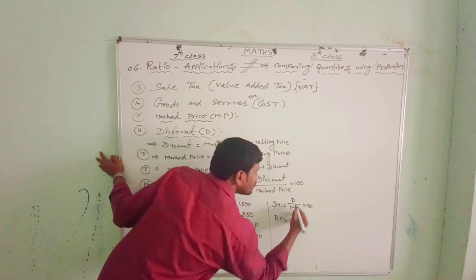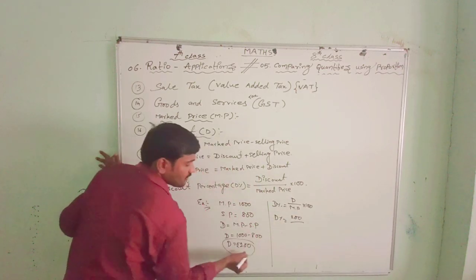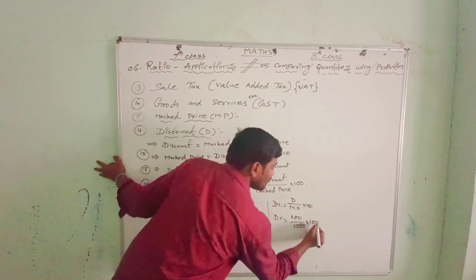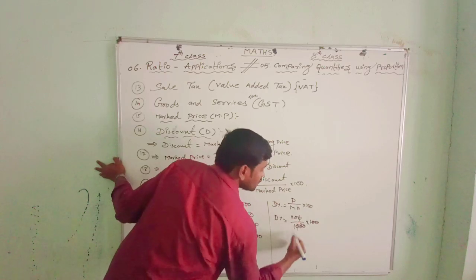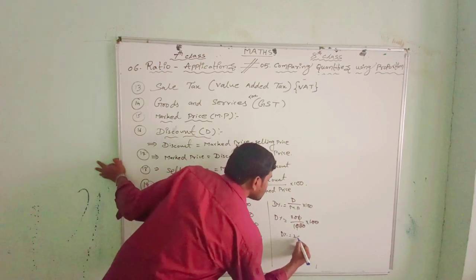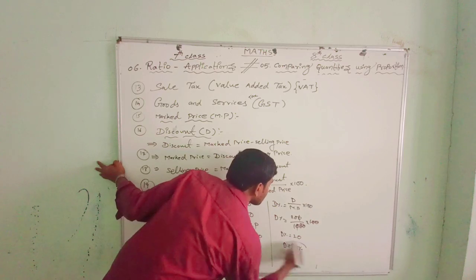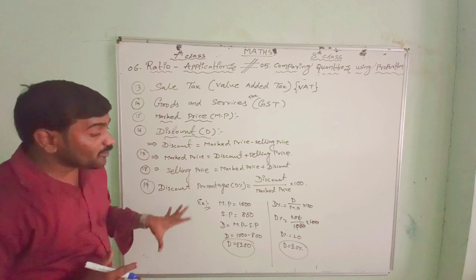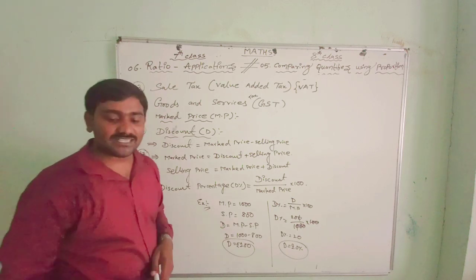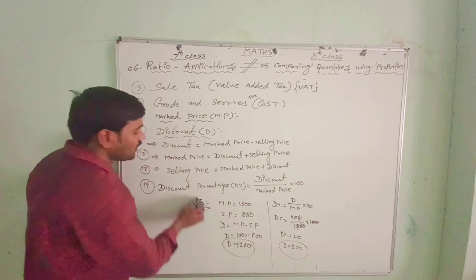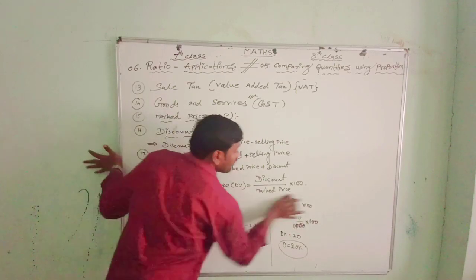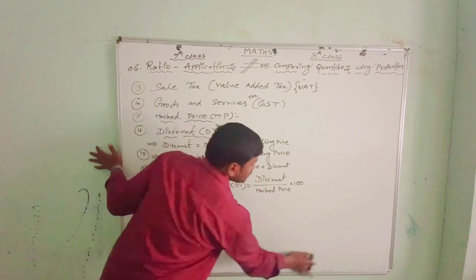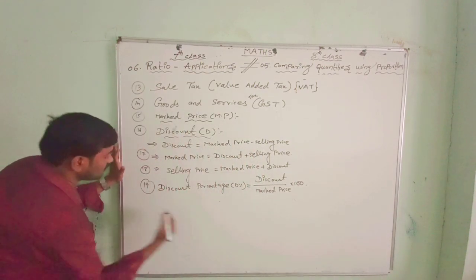The two zeros get cancelled, so discount percentage equals 20%. I hope you understood how to find the discount percentage. Now let us learn one more word: successive discount. Let's go for successive discounts.